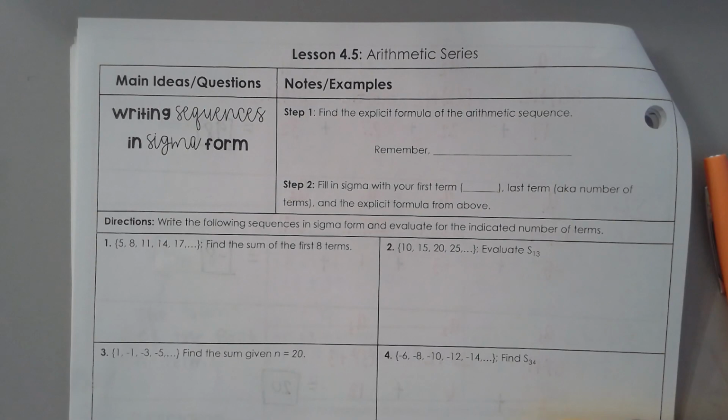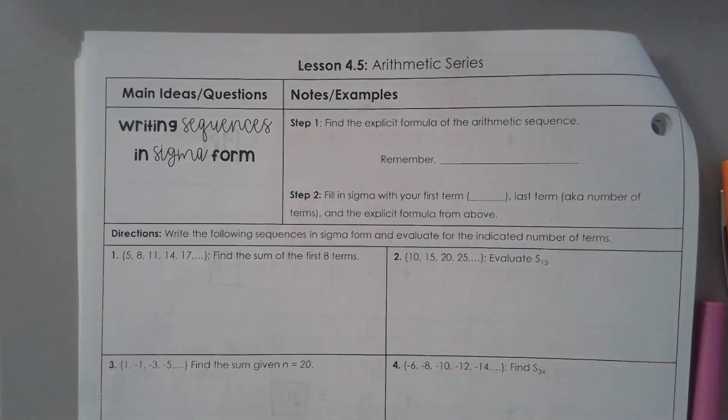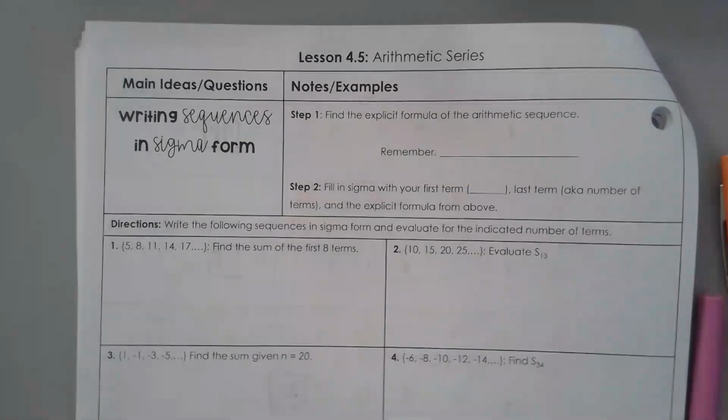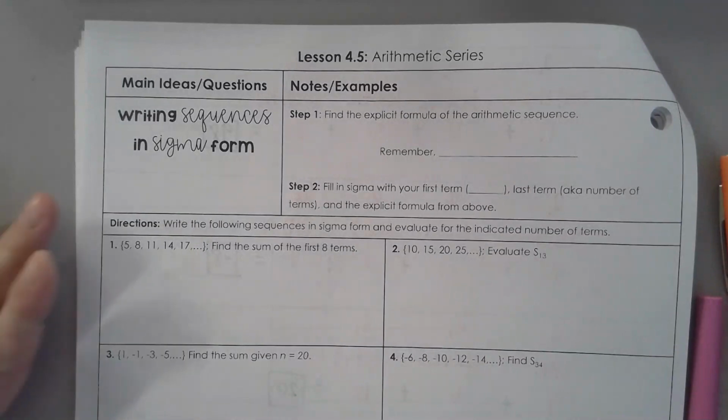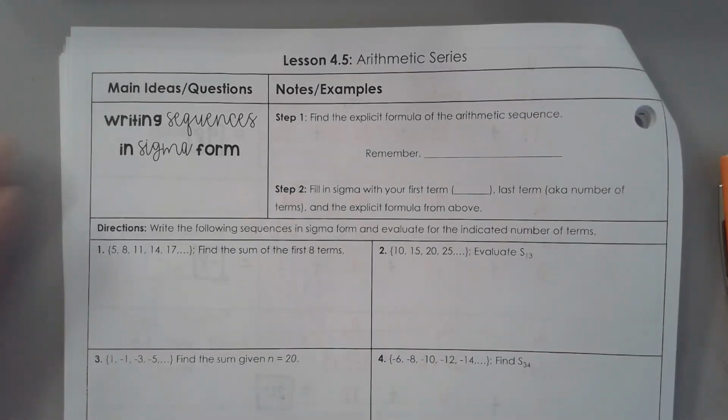So in 4.4 we just did series basics, which is when we take the terms in a sequence and add them together. And so we're specifically going to talk about an arithmetic series today.